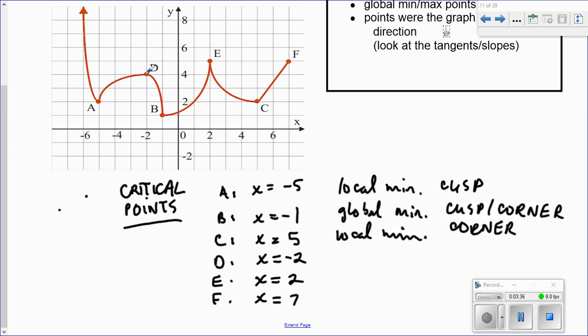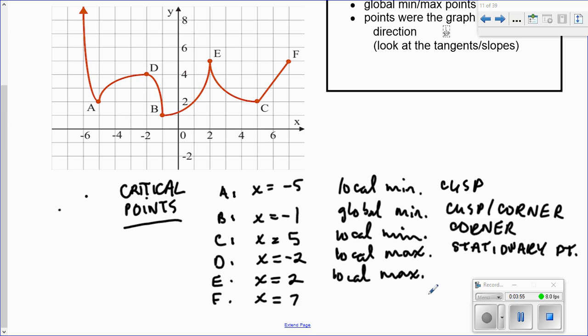Okay, that would be a local max. That's a stationary point. E is a local max. We've got a cusp point.